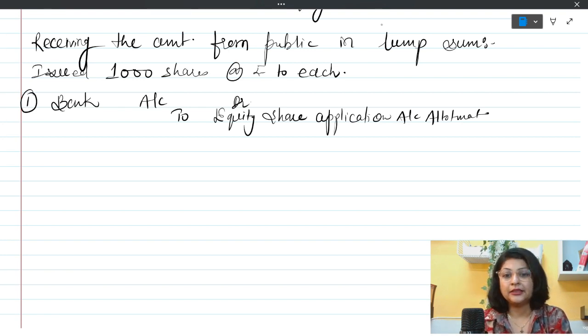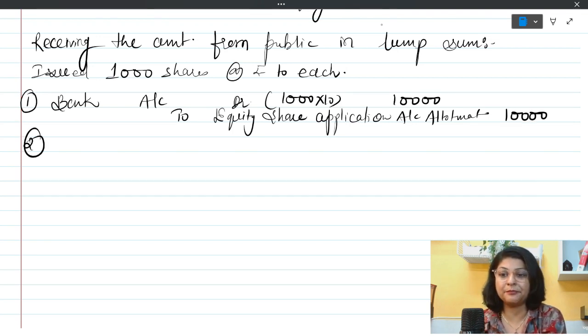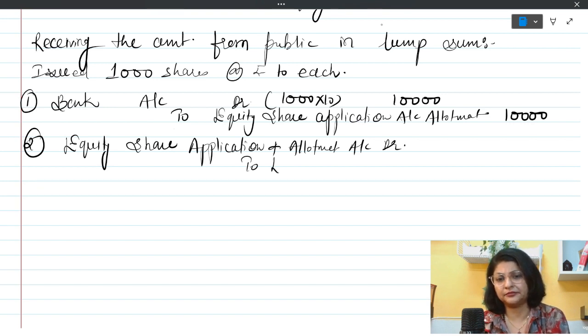So here the entry will be 1000 shares of rupees 10 each, which means the whole 10,000 rupees you have received from the public, and you will close this account because it is a temporary account. So in the second entry you are going to write equity share application and allotment account debit to equity share capital, ₹10,000.